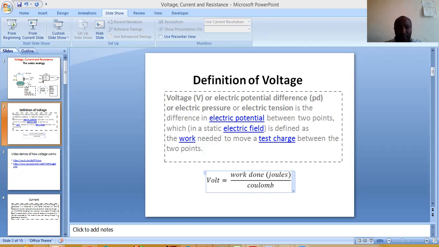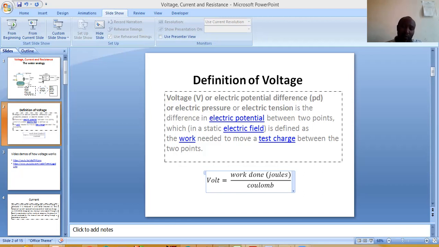It can also be shown, quite easily, that voltage is equal to the square root of power multiplied by resistance, or voltage is equal to power divided by current.